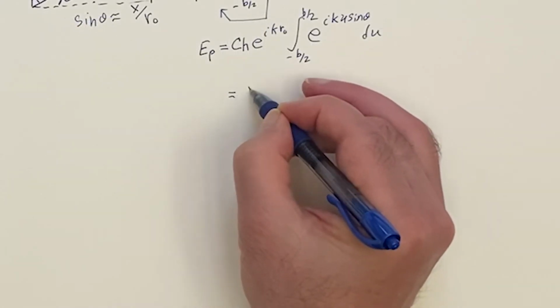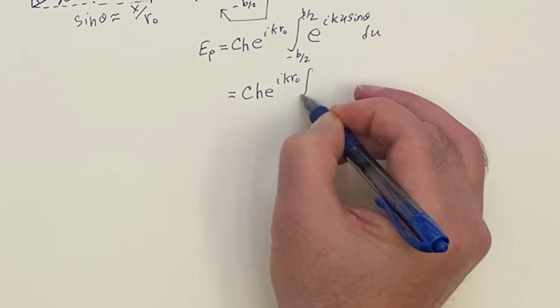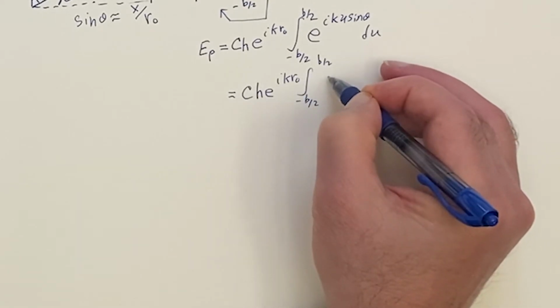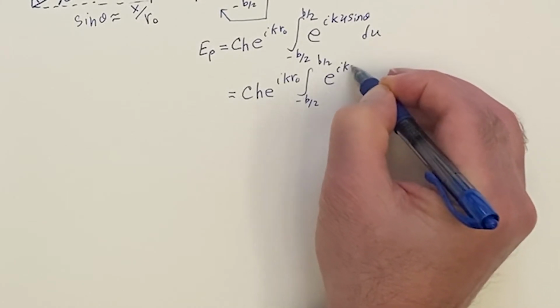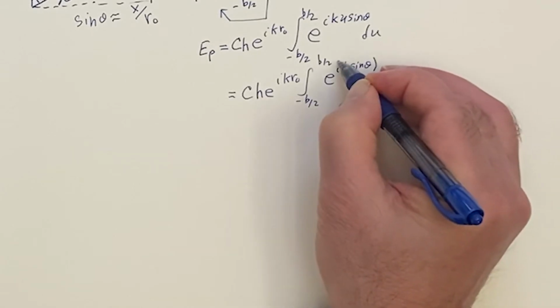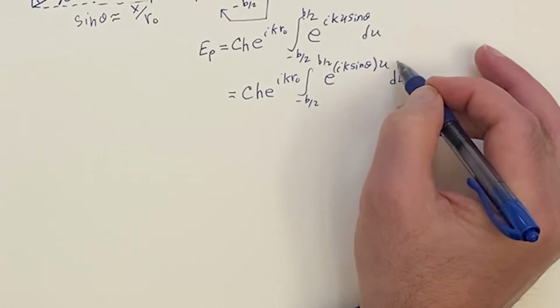Now we can look at this integral and write e to the i k sine of theta together and have the u out there to the far right.